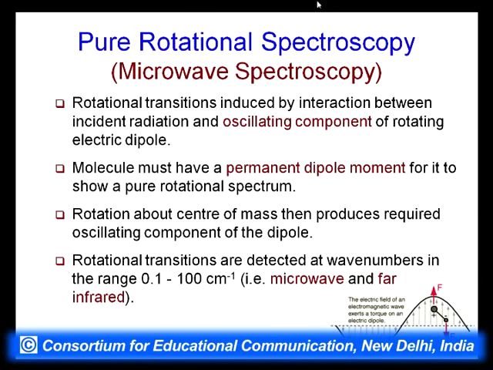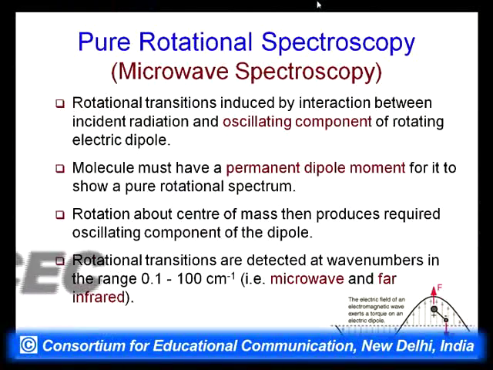Now, suppose a molecule has a dipole moment, then rotation is possible, and when rotation takes place about the center of mass, the dipole moment component keeps on changing.